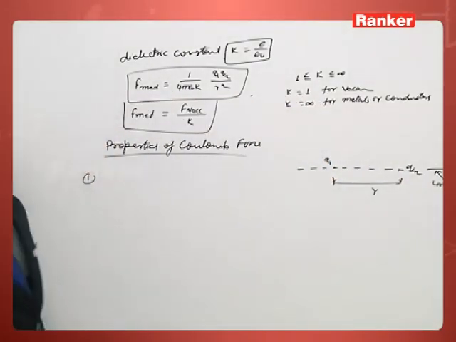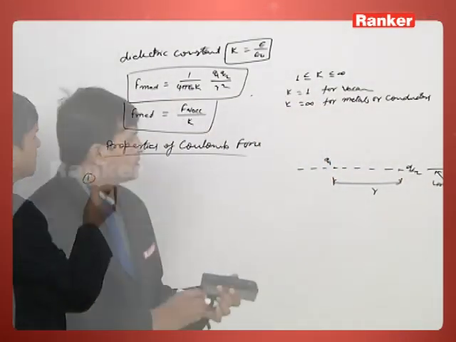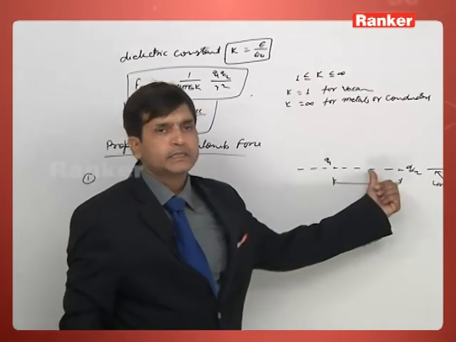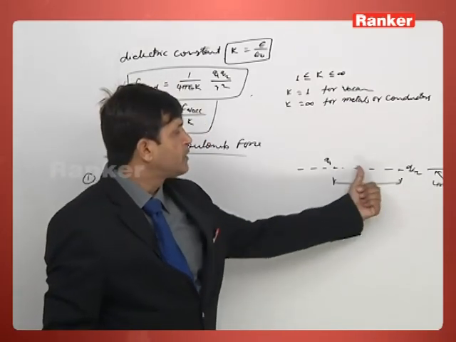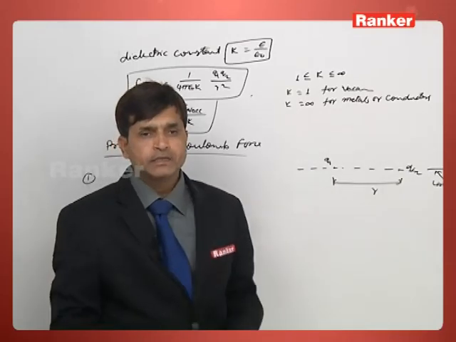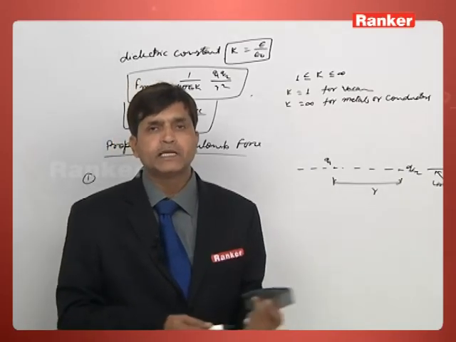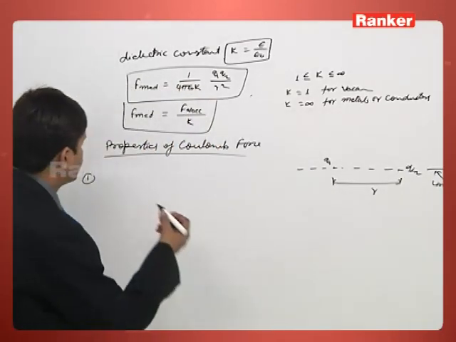So the first point: the same type of charged bodies repel each other, while oppositely charged bodies attract each other.